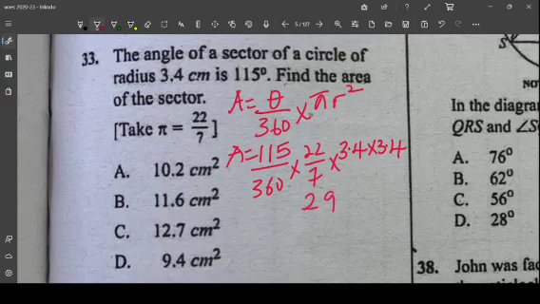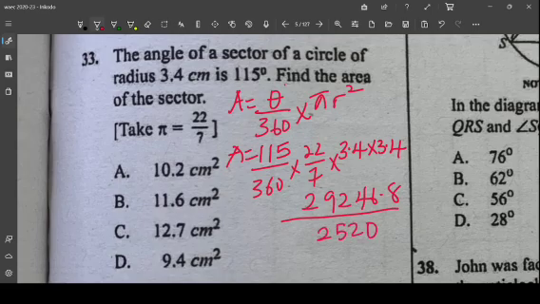All right. All over the bottom, 360 times 7 is 2520. So when you divide this in your calculator, you are going to get 11.605, which we can see is option B, 11.6 centimeters squared.